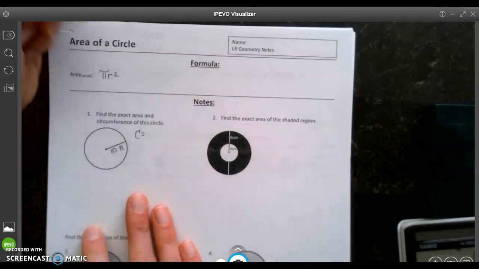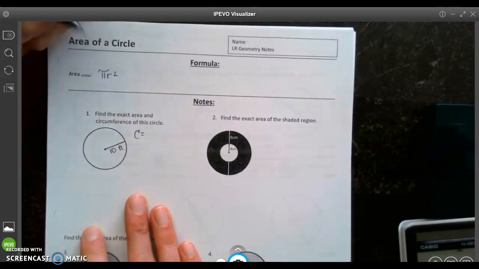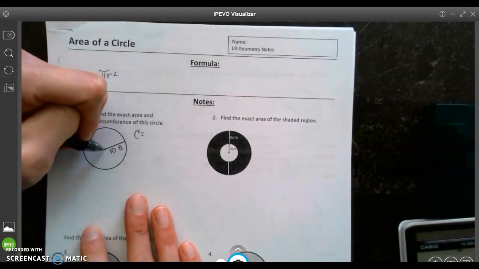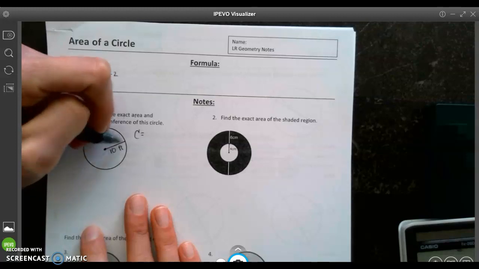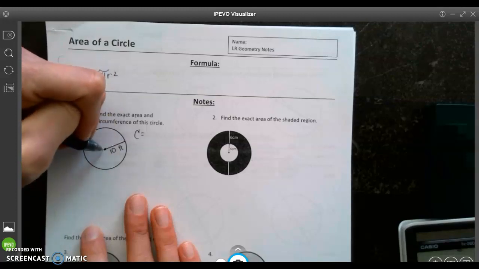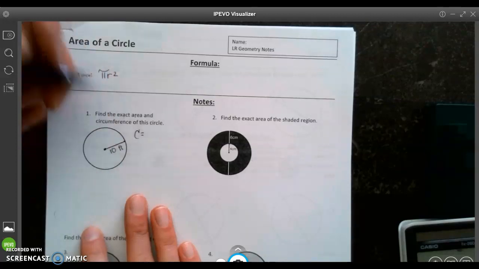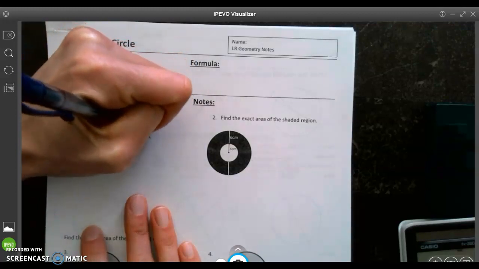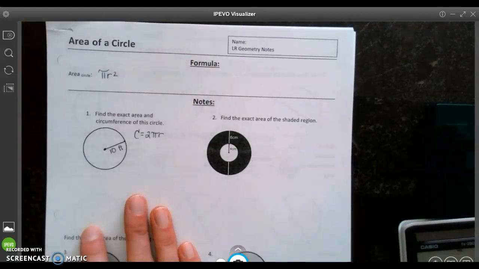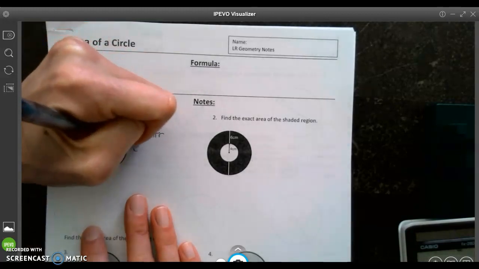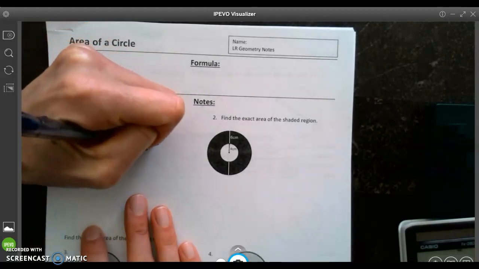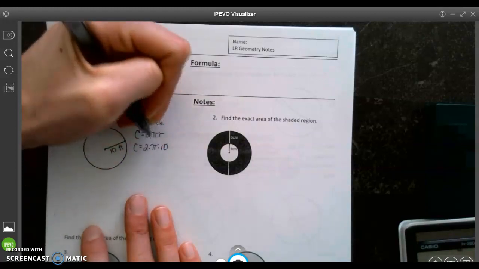Circumference equals, we have two formulas. Pi times diameter, but I don't want to use that one here because this segment right here is the radius. It goes from the center to a point on the circle. So I want to use 2 times pi times radius. I'm going to plug in that 10 for the radius. So circumference equals 2 times pi times 10.